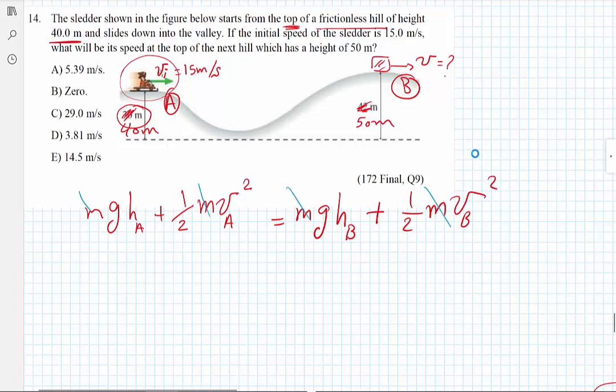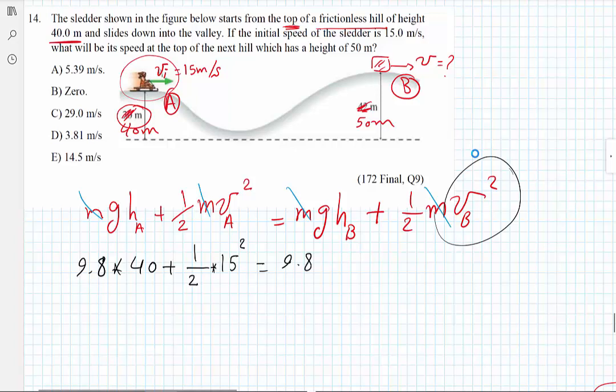We can remove the masses from all the terms, dividing over the mass. Then you can solve it mathematically using any method. You can take g h_B to the right hand side and subtract them from each other. We just need to find v_B. So g here is 9.8 times h_A, which is 40 meters, plus half times v_A.